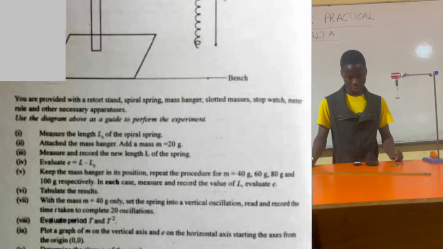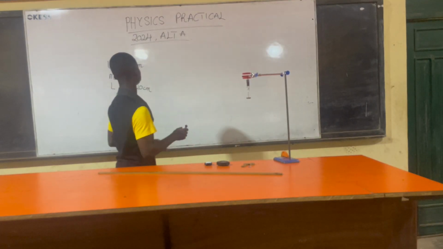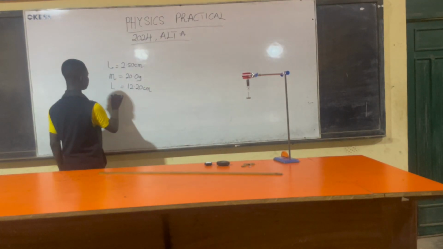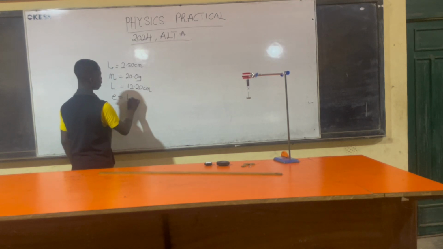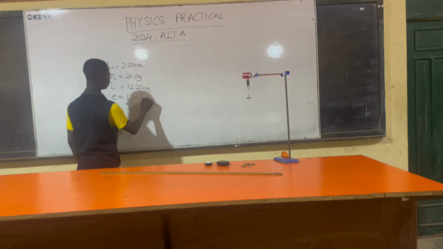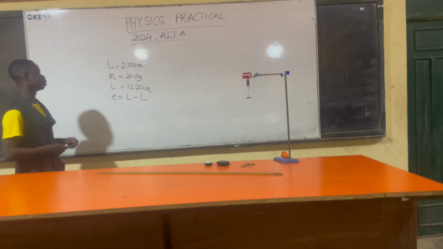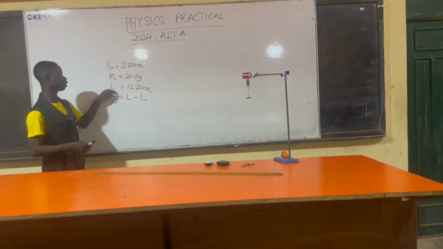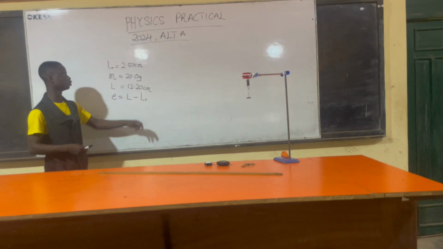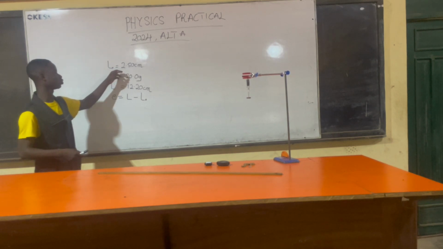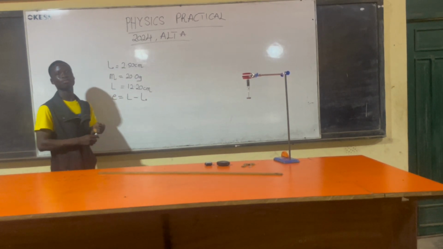Evaluate E, which is equal to L minus our initial length. So the E over here is the extension. Now we have our L to be 12.20 and our L0 to be 2.50.